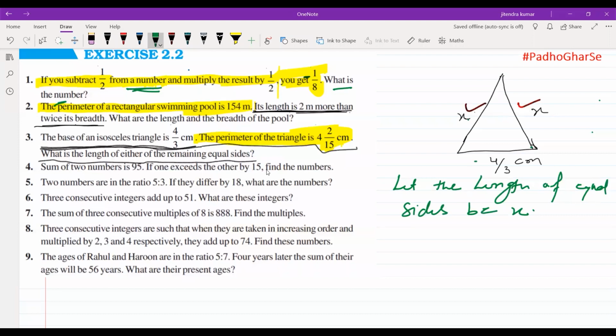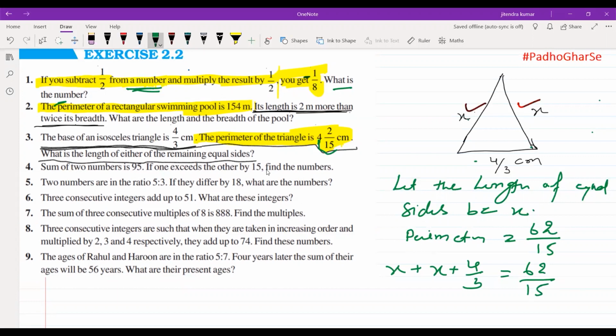So we have three sides, two of them as x, and one is 4 by 3 centimeter. The perimeter is given, which is 15 into 4, that is 60, plus 2, 62 by 15. So this is the perimeter, right? And now we can find the perimeter using the formula, x plus x plus 4 by 3. So this is our equation. Now again we have a linear equation. So please, all of you, solve your linear equation and find x, and that will be our answer.